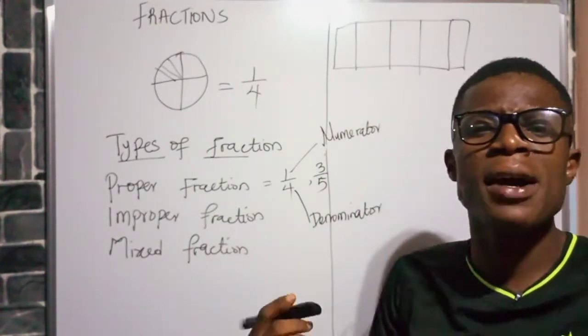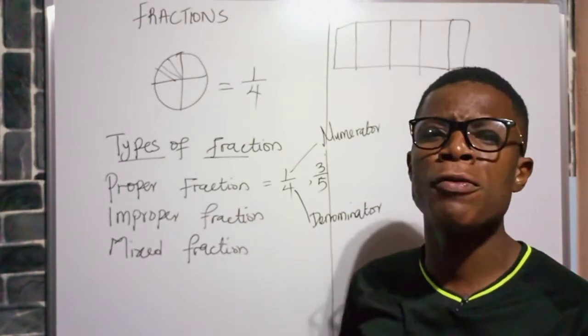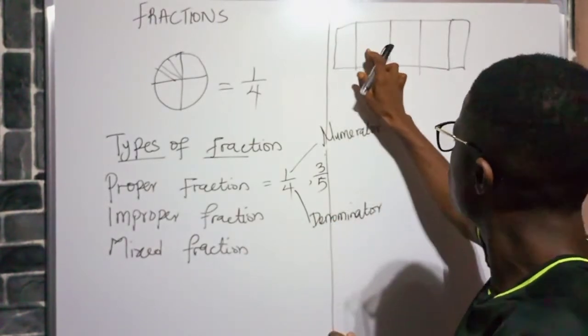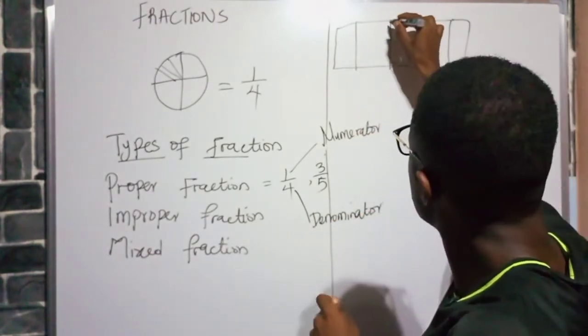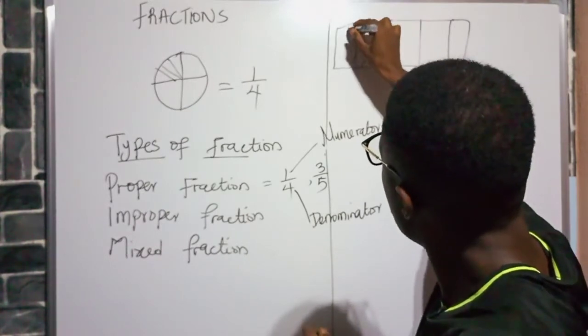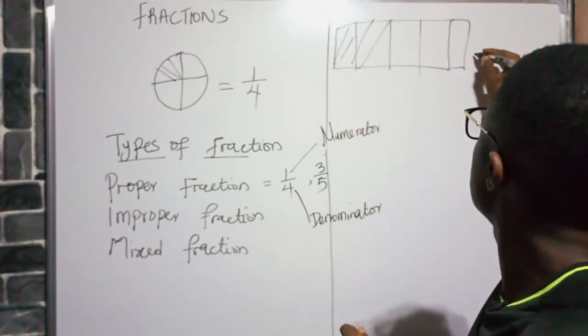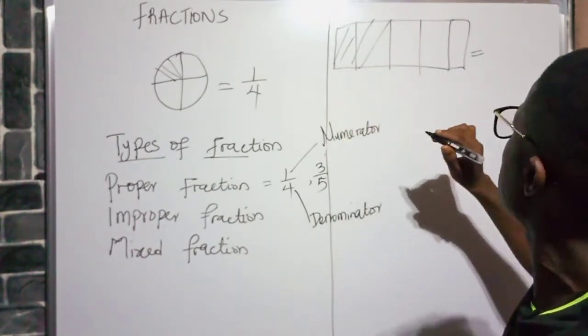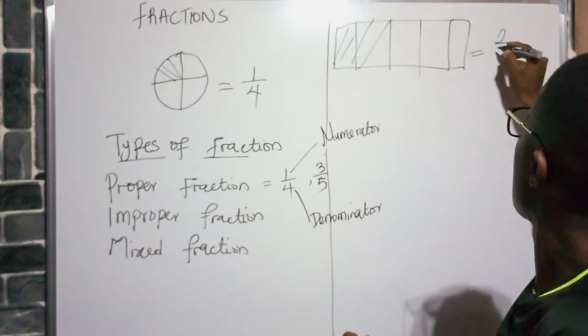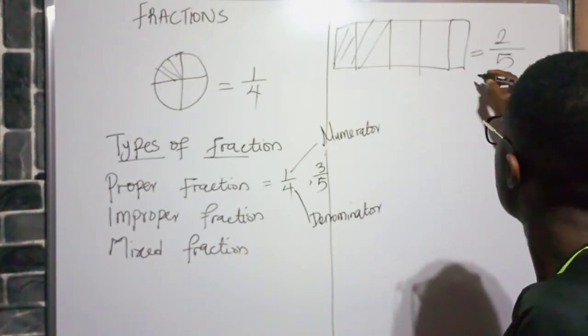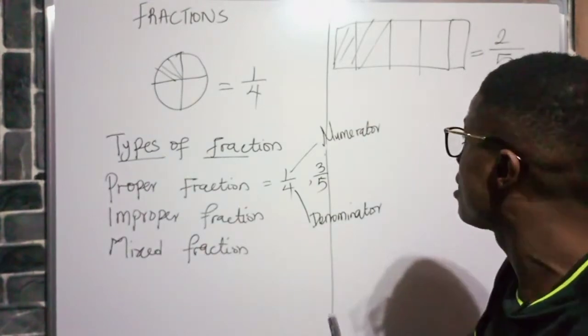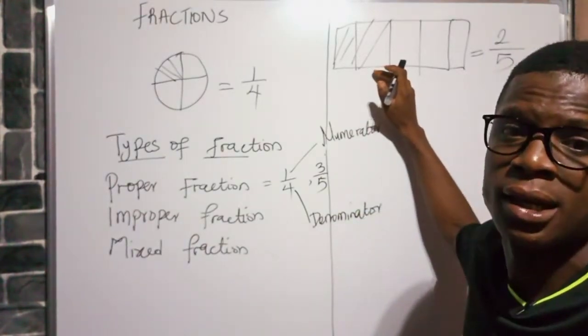After dividing this loaf of bread, I should take 2 parts. So on taking 2 parts, I was able to have this. This represents a proper fraction, which is 2 out of the 5 slices of bread that I have.